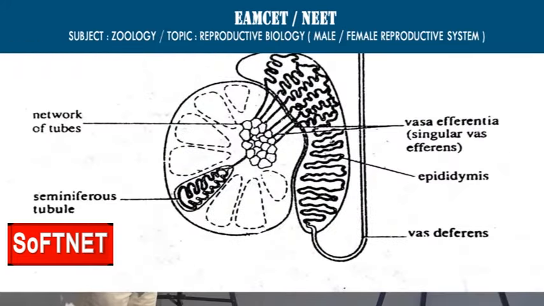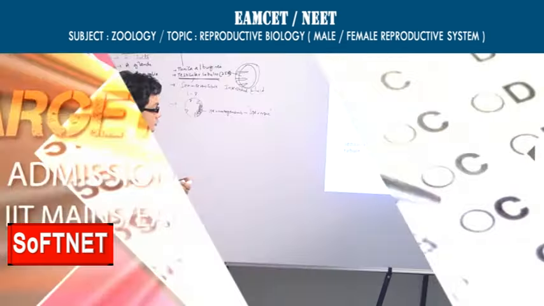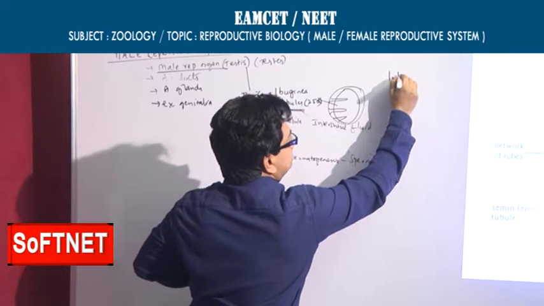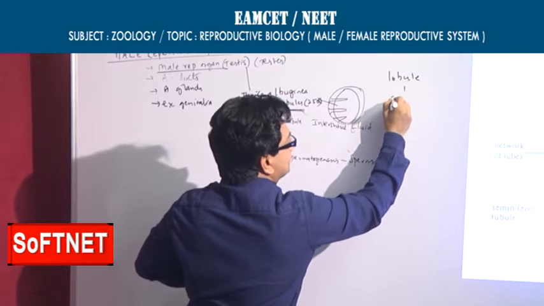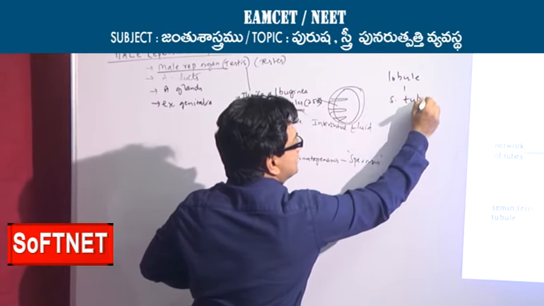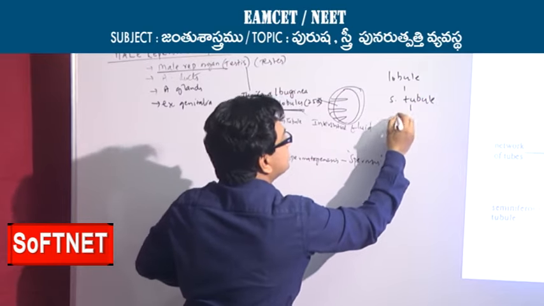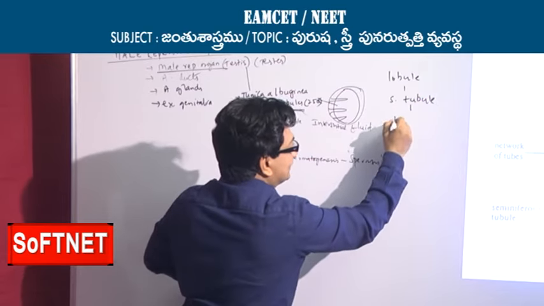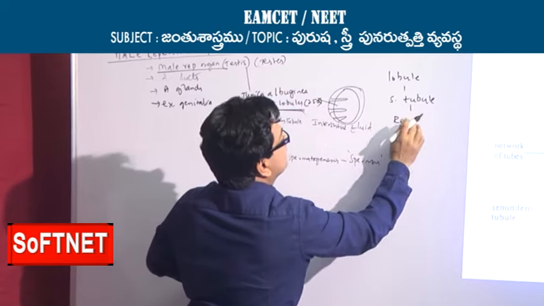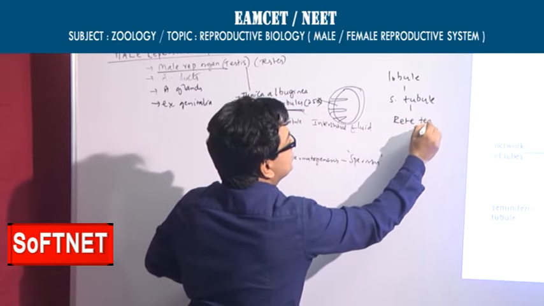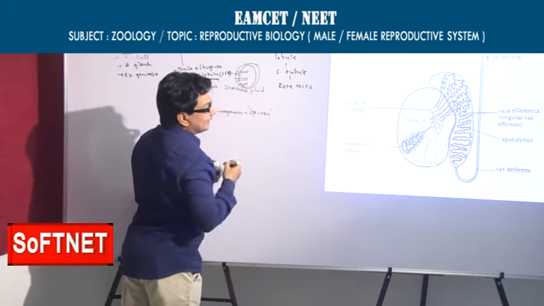All the seminiferous tubules from the various lobules continue and enter into an area called the rete testis.